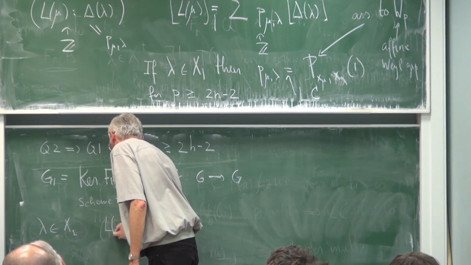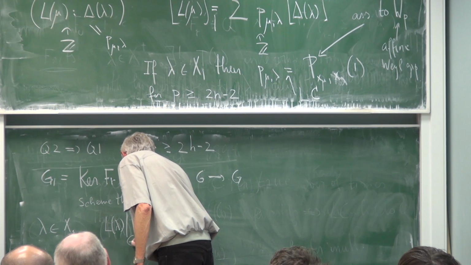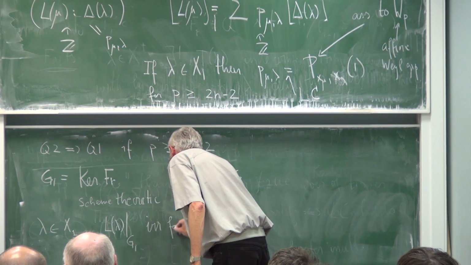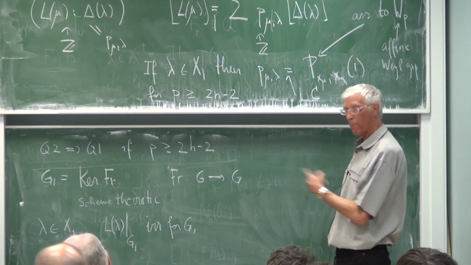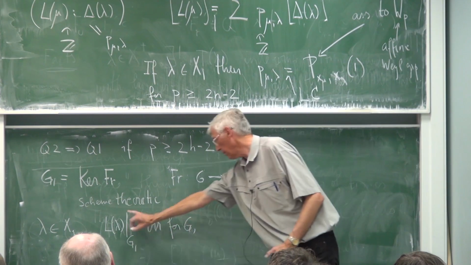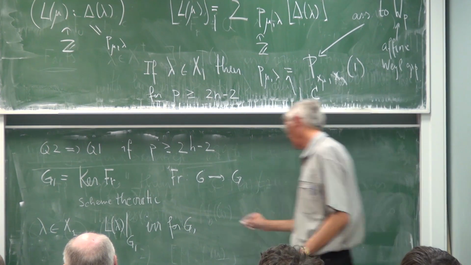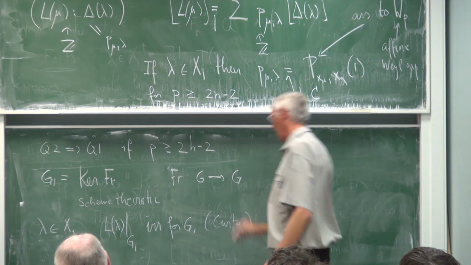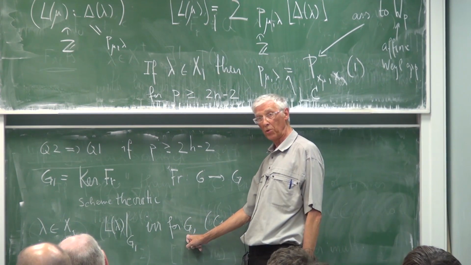Already back in 1961, I believe, Curtis proved this statement. If you take an L(lambda) where lambda comes from X1, and restrict it to G1, you will get an irreducible module for G1. And again, you can add that this gives you all irreducible G1 modules.